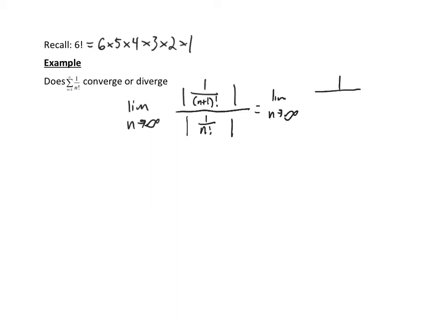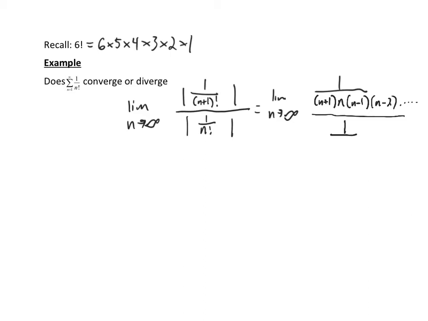This number, n plus 1 factorial, what does that really mean? It means we take n plus 1, multiply it by n, then by n minus 1, n minus 2, and on and on. On the bottom, we'd have 1 over n factorial.